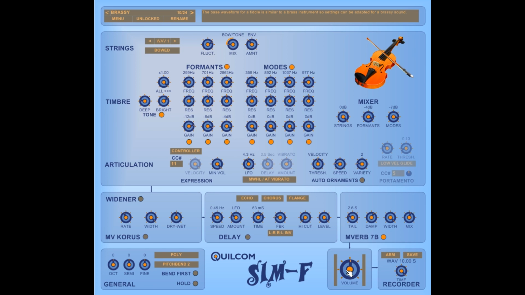Now, of course, it's a synthesizer, so we can take some liberties with the type of sounds that we can produce with it. So, for instance, we can set it all up to create a more brassy sort of sound.